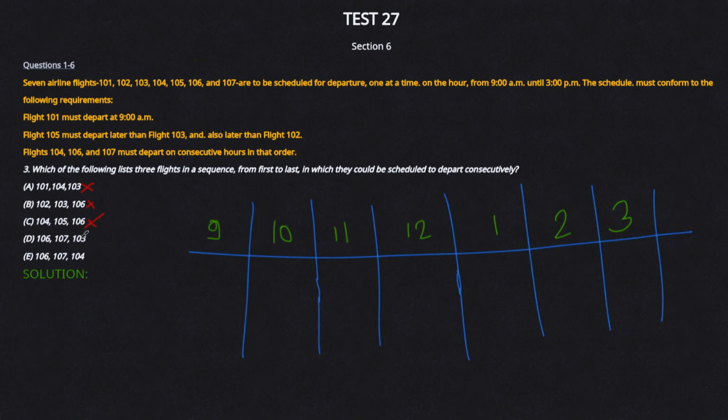This is a perfectly fine scenario, but just in case, we'll test out the last one as well. Here we have another problem following the last condition. We know 104 has to depart before 106, but here it is departing after 106 as well as 107. So this is a cross out. So the correct answer is B.